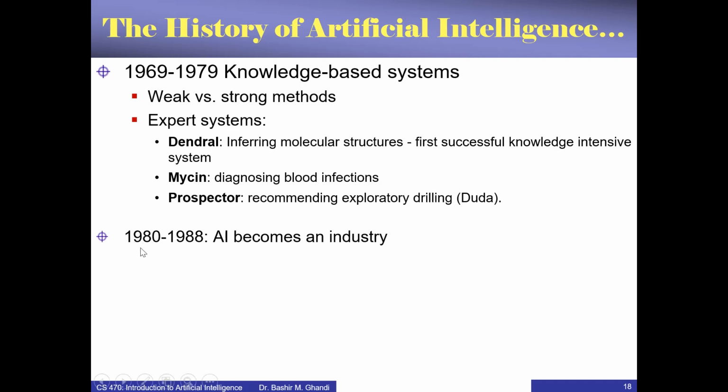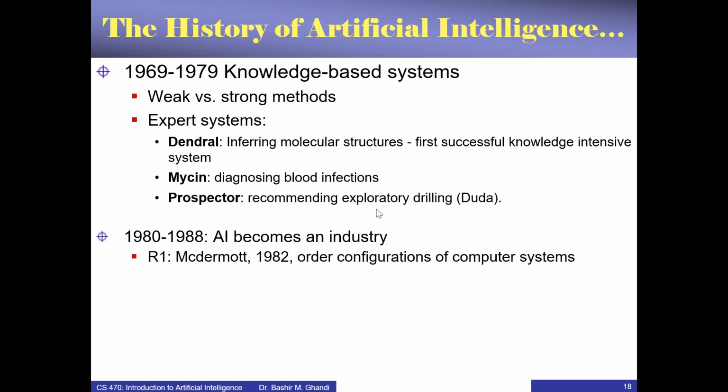The next stage is 1980 to 1988, where actually AI became an industry on its own. This is the period where the first successful commercial AI system was developed. It was called R1, by a guy called McDermott.